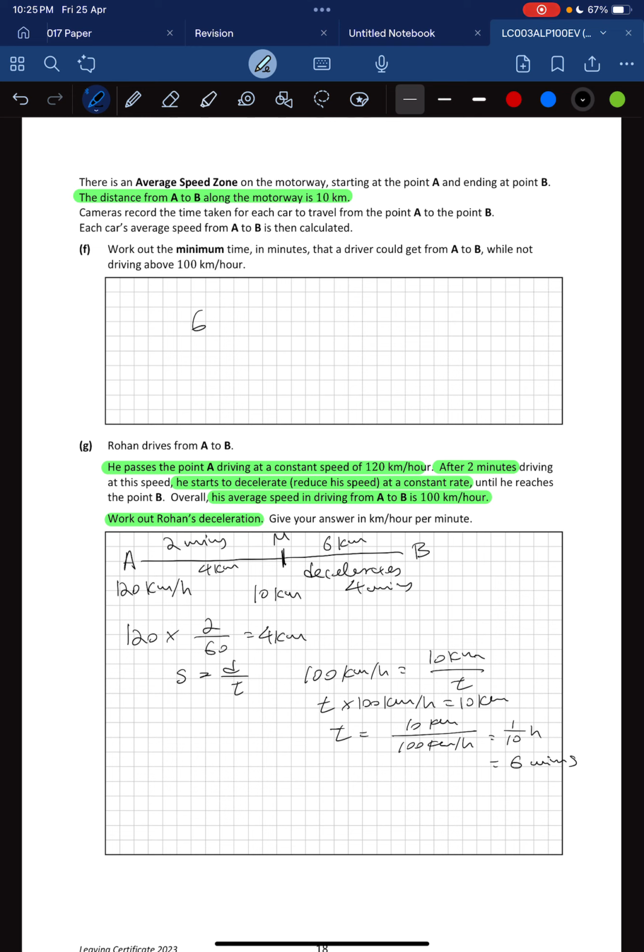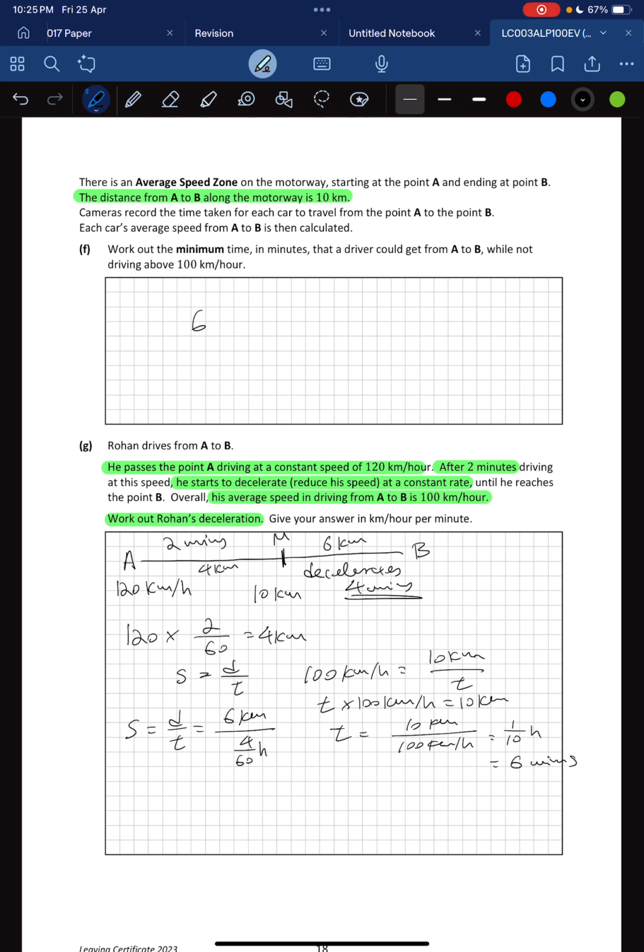So that will be, again, speed equals distance over time. So this would be 6 kilometers over 4 over 60 hours. Why 4 over 60?